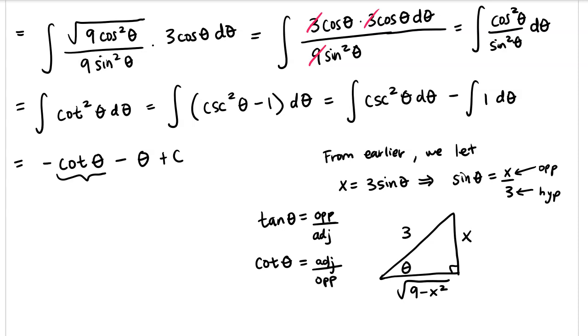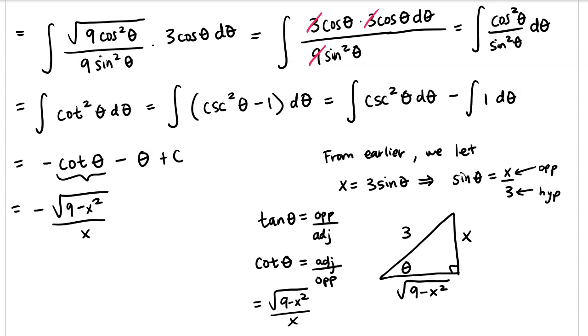So that is equal to the adjacent side length, which is the square root of 9 minus x squared, and the opposite side length is x. Let's fill that in here. I have negative square root of 9 minus x squared over x.